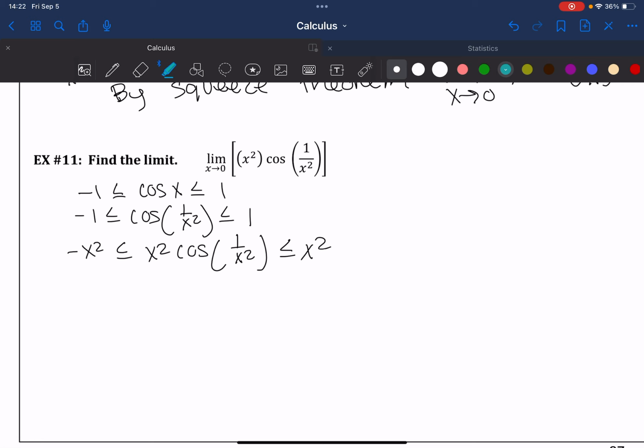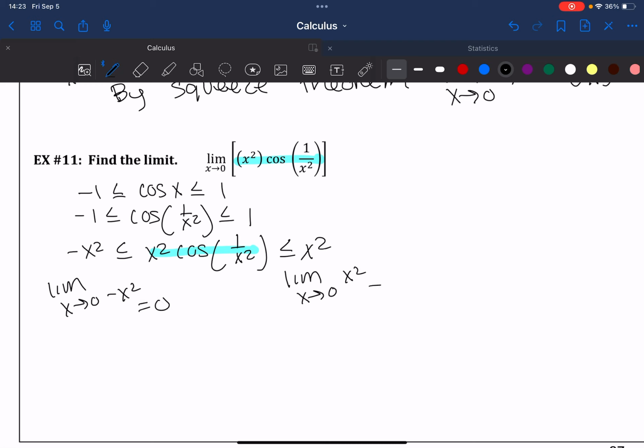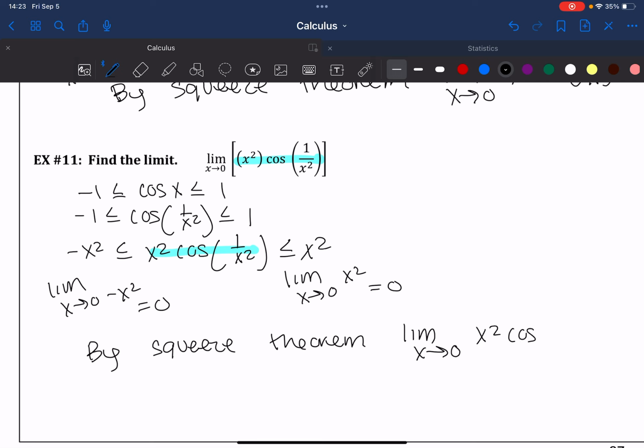And then look, notice my inside function now matches the original function I was trying to get. And then I take the limit as x approaches 0 of both ends. And I get 0 for both. So by the squeeze theorem, the limit as x approaches 0 of x squared cosine 1 over x squared is also equal to 0.